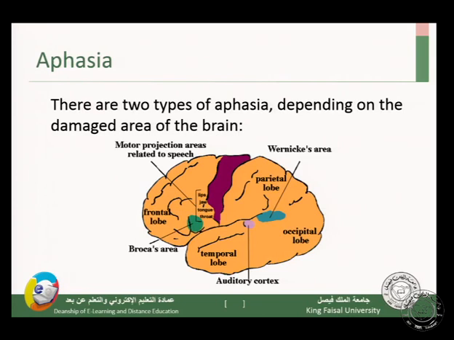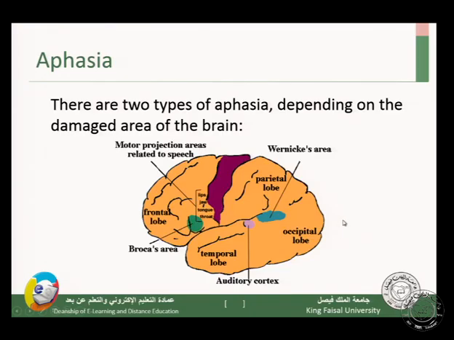Okay, there are two types of aphasia, depending on the damaged area of the brain. What you see in this slide is the left side of the brain. As we have said earlier, there are two sides of the brain, the right and the left.